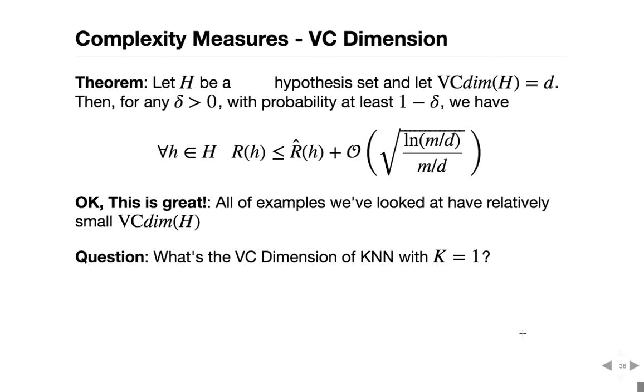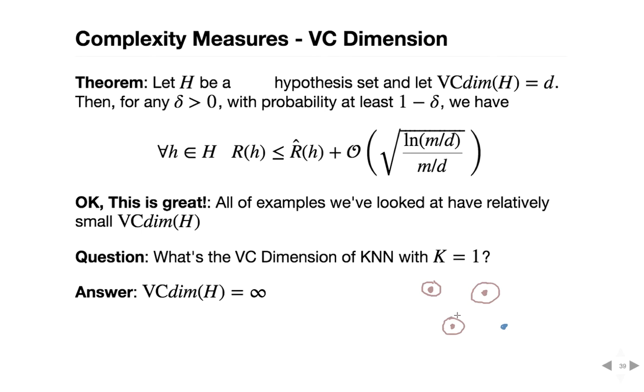So you could think about what's the VC dimension of k nearest neighbors with k equals 1. And if you think about this, it's pretty easy to see that the VC dimension of k nearest neighbors with k equals 1 is infinity, right? Because if the number of nearest neighbors you consider is just 1, then effectively what you're doing is putting a little circular decision boundary around the positive points, and everything outside of that is a negative point.